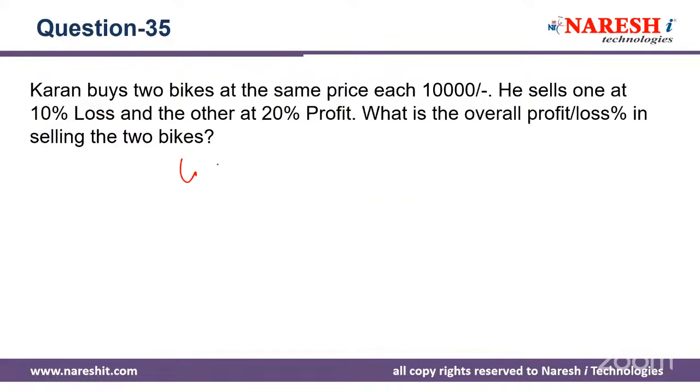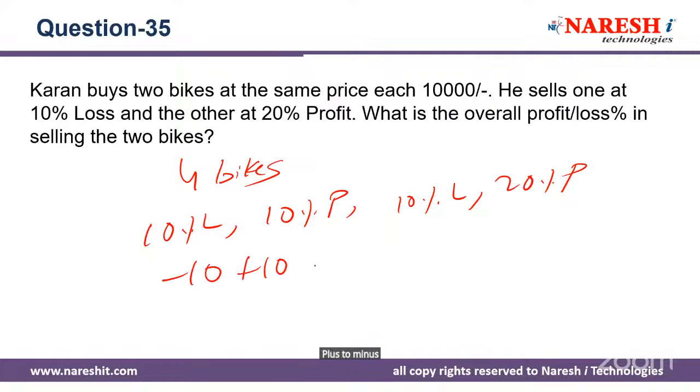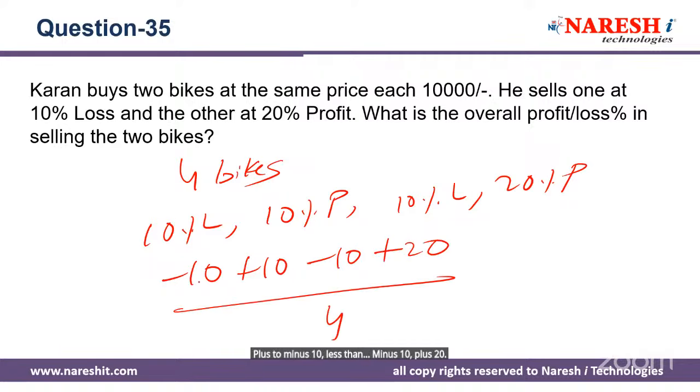See, suppose there are 4 bikes. First bike 10% loss, then 10% profit, then 10% loss, then 20% profit. How to find the overall profit or loss percentage of the 4 bikes? First minus 10, plus 10, minus 10, plus 20, divided by 4. This gets cancelled.